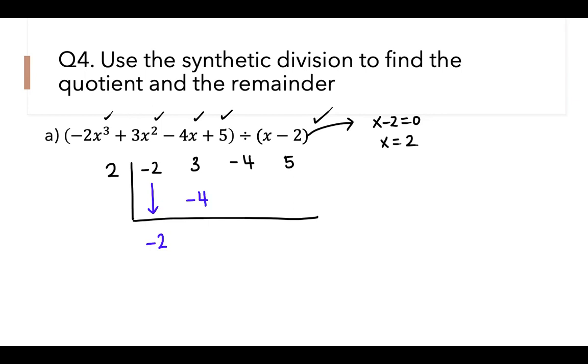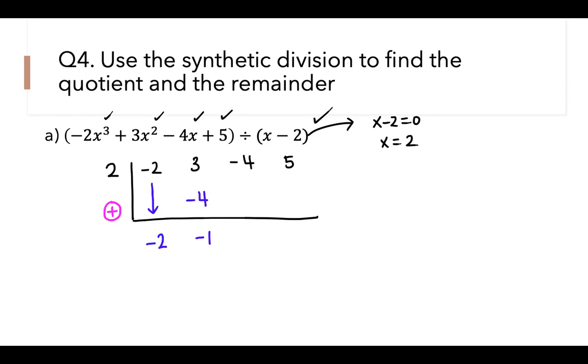This is the opposite of long division: you're going to add as you go column to column. So you do 3 plus negative 4, which will give me negative 1.